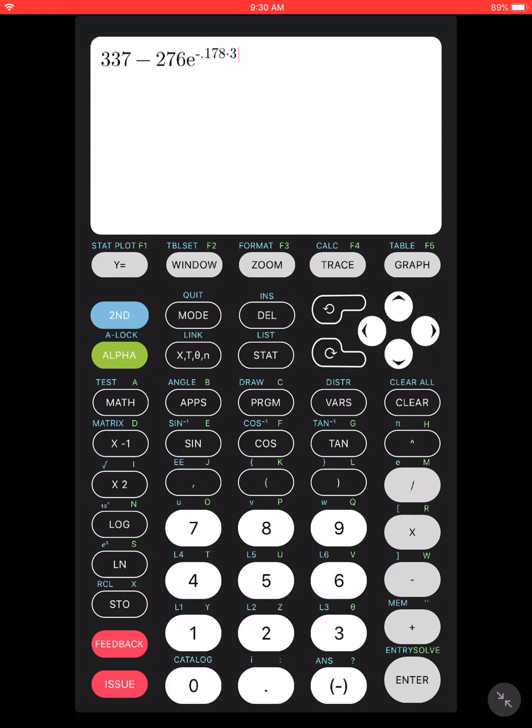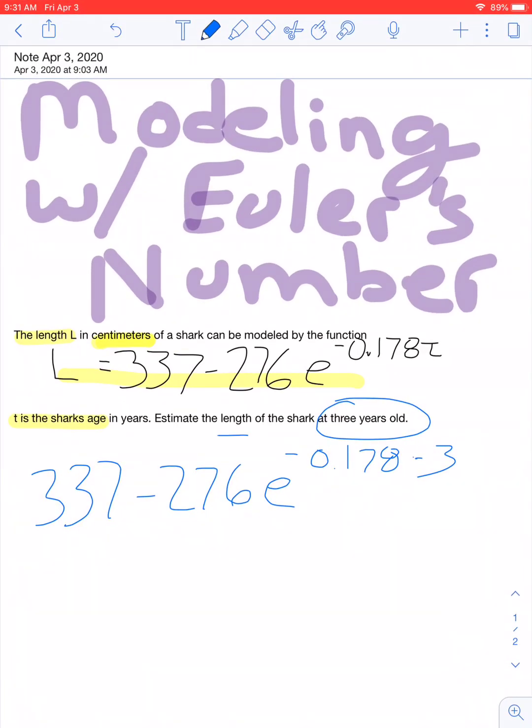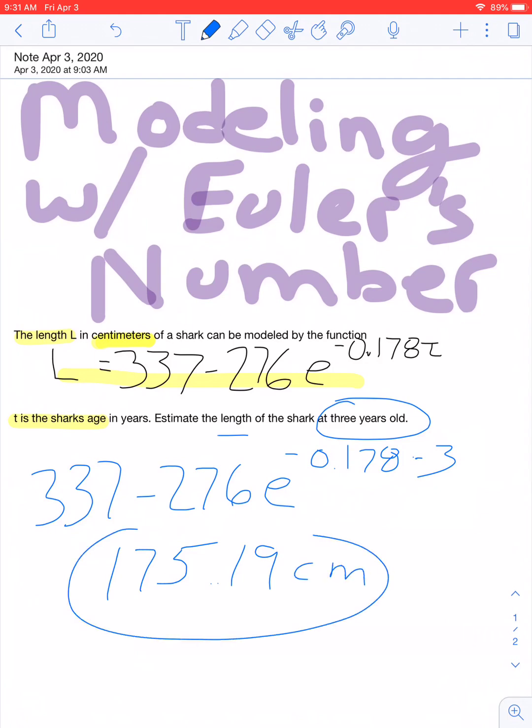Note that my calculator already puts everything up as exponents. Some calculators do not do that, so you might have to incorporate parentheses in order to get the right value, which ends up being 175.19 centimeters. So if I go back, I can then type in 175.19 centimeters. And again, units are key here.